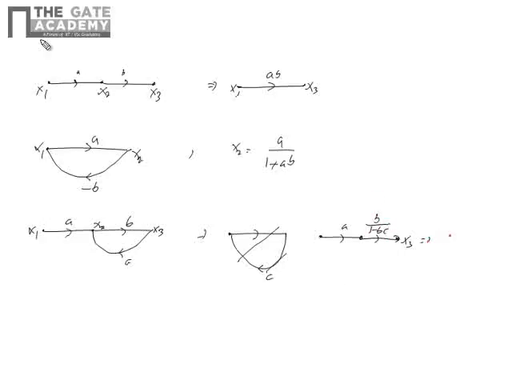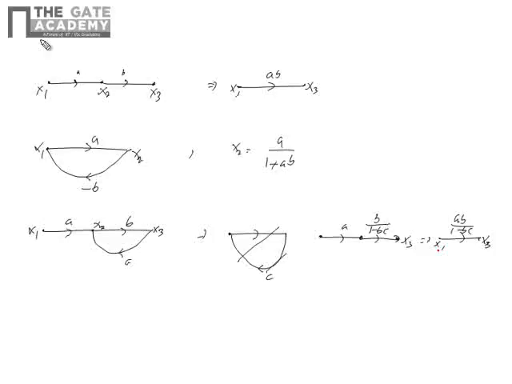So finally you will get ab by 1 minus bc. So this is x3, x1. Yes. So like that we will find out simple signal flow graphs.